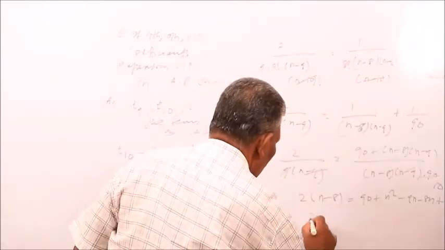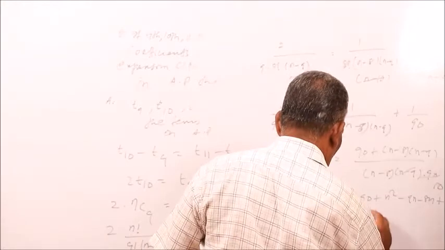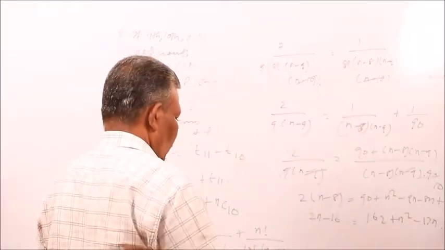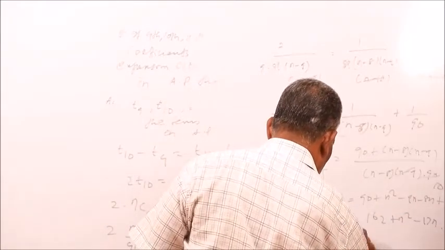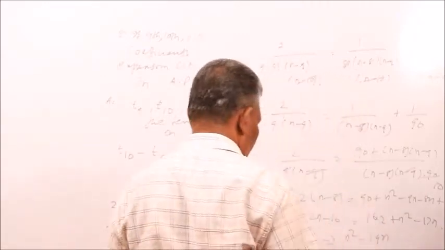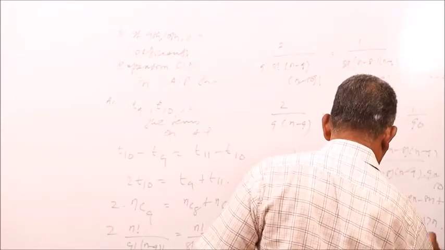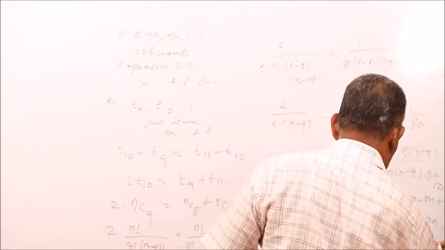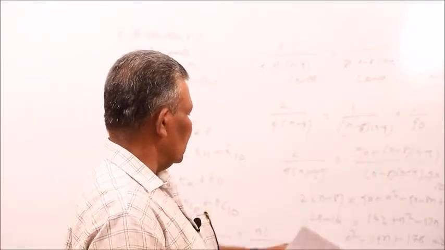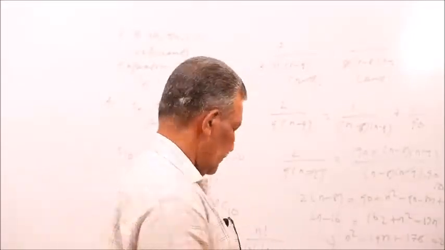That implies 2n minus 16 equals to 162 plus n square minus 17n, or we can take n square minus 19n plus 178 equals to 0. So you can simplify this quadratic equation and find the value of n. Remember one thing, n must be a natural number.